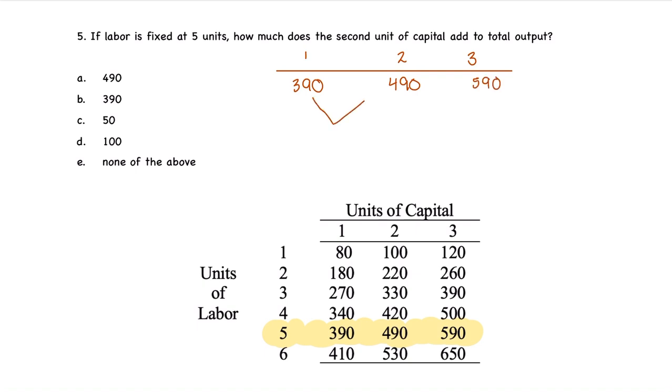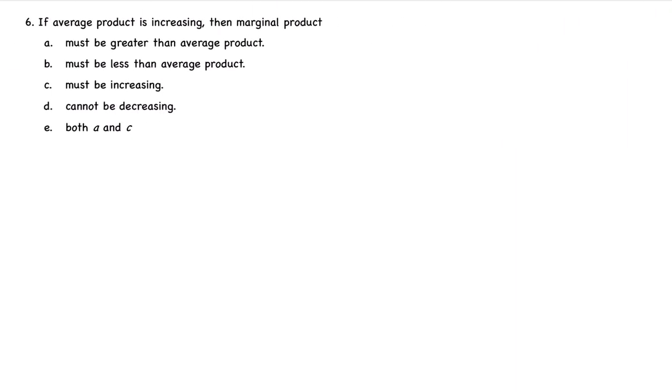From here to here, we did plus 100 because our marginal product of capital was plus 100. If average product is increasing, the marginal product must be greater than average product. That's just a definition. If marginal is bigger, then average will be increasing.